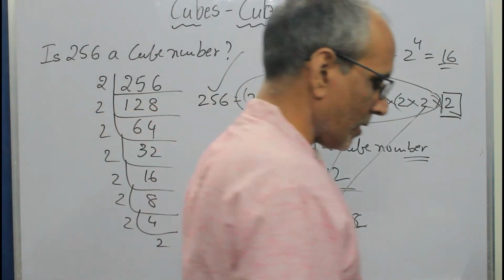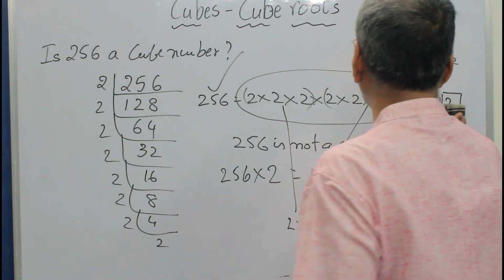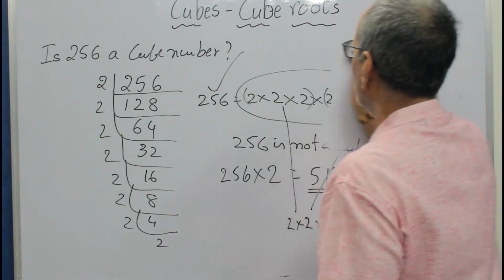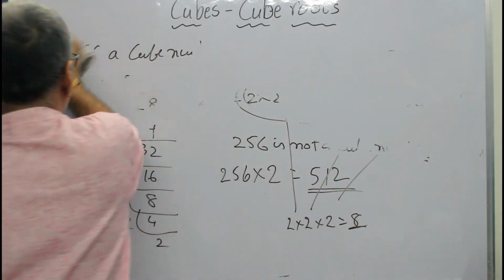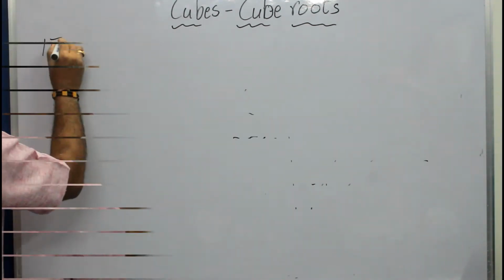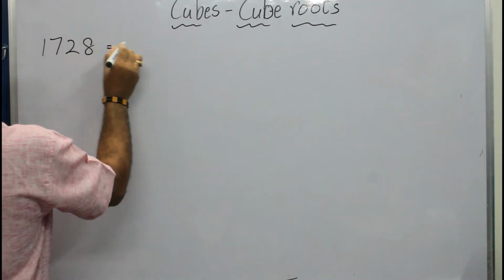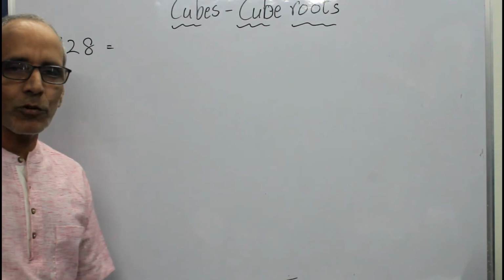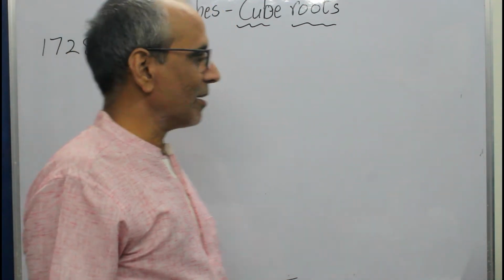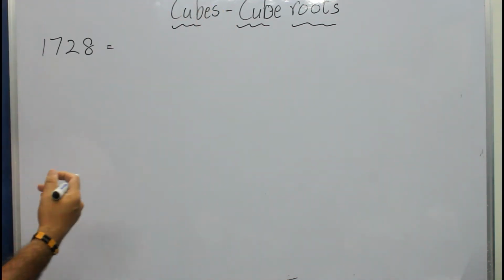Let's check one more number, whether it is a perfect cube or not, by resolving it into factors. Let's check 1728. It is a familiar number, I know. The number has its importance.